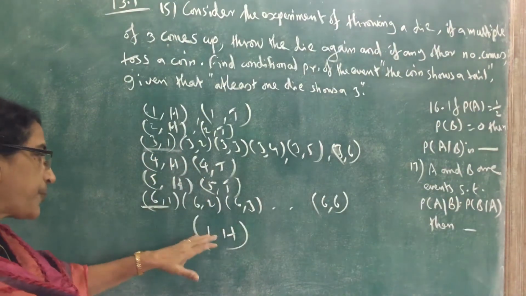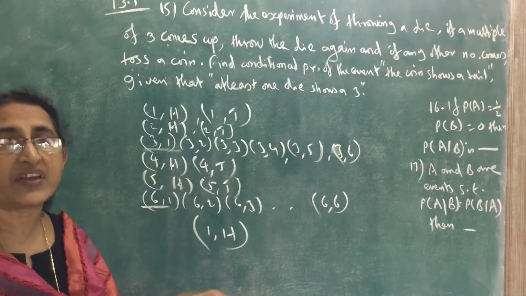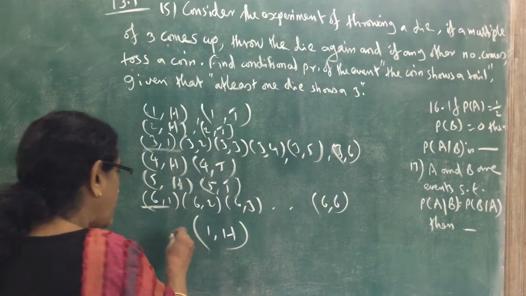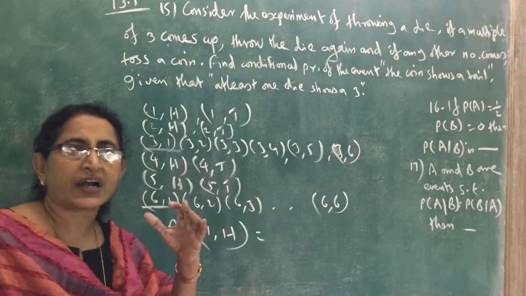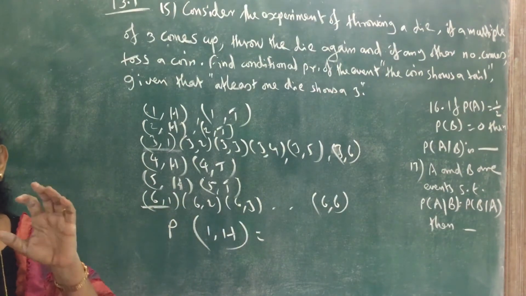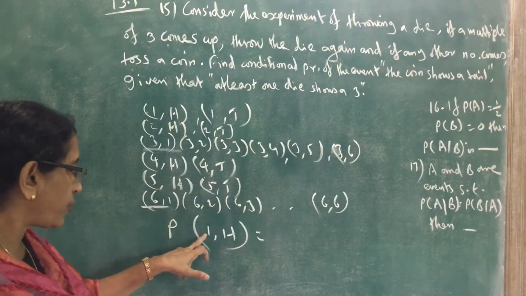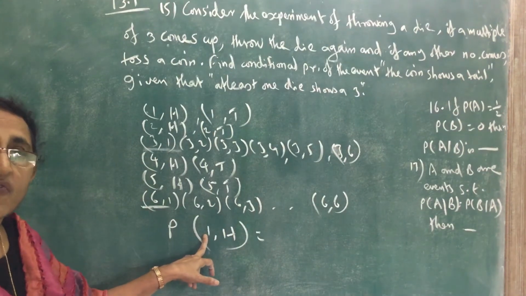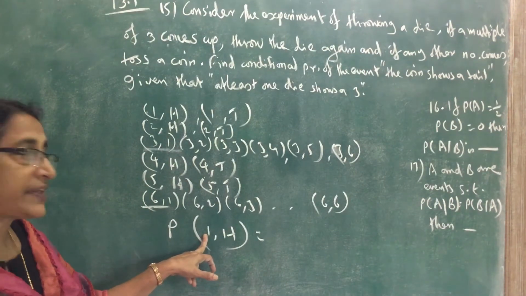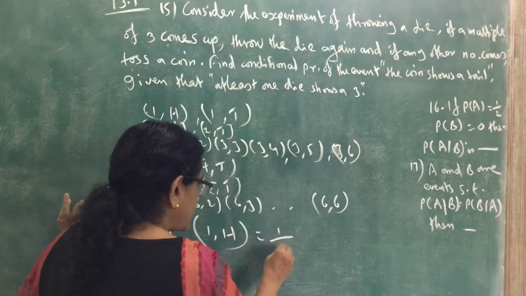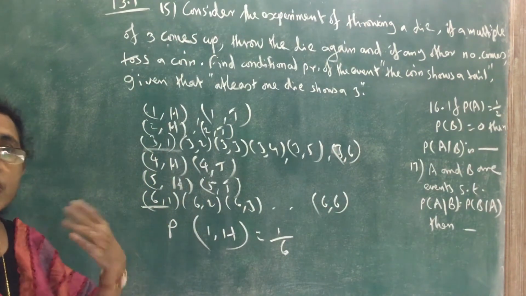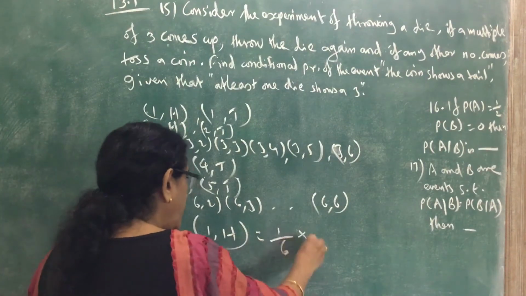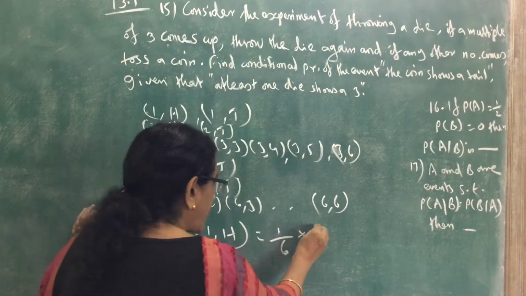Different. What is the probability of the elementary event 1H? First consider the experiment of throwing a die: the probability of getting 1 is 1 by 6. And into that, the probability of getting head in the tossing of a coin is 1 by 2.